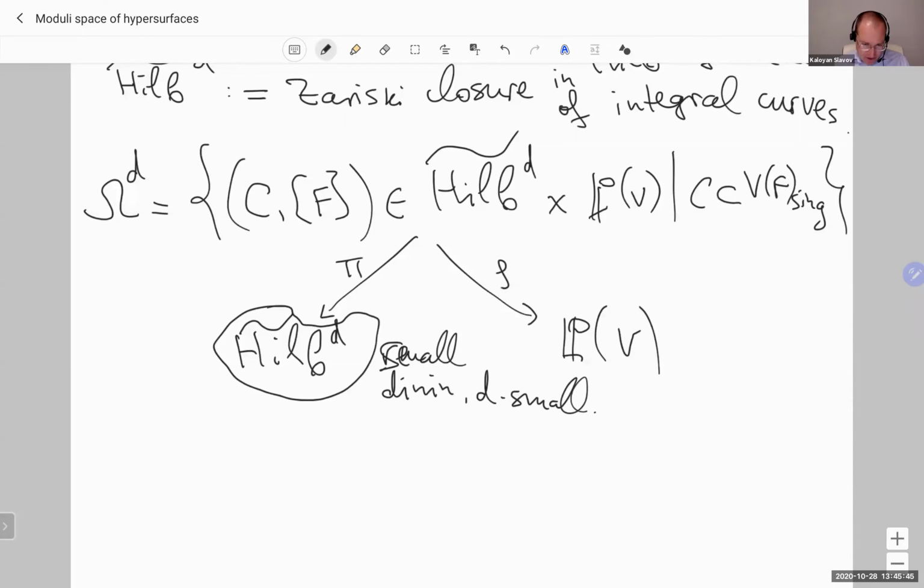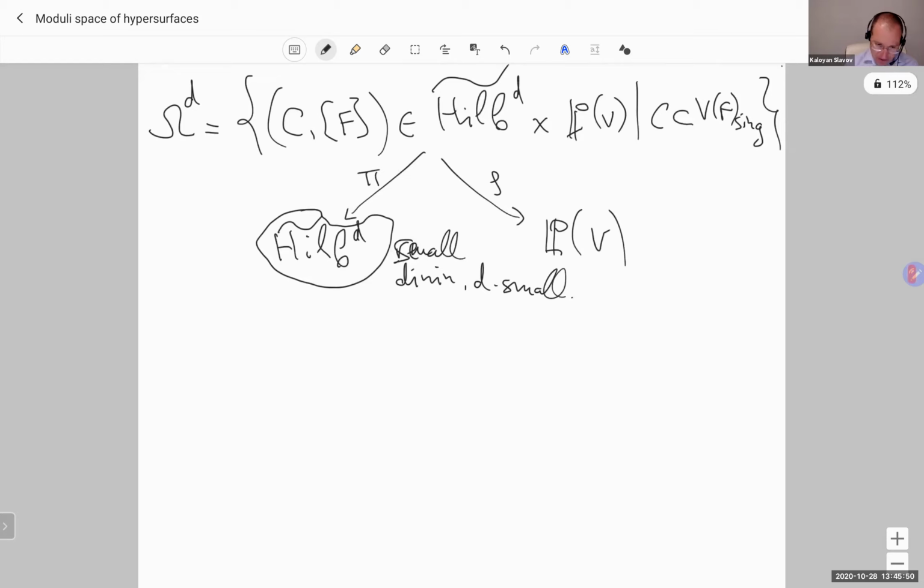Now, let me write down another thing that I mentioned. Why do we set this up? Our X, everything, so that all hypersurfaces whose singular locus contains some curve, is X1, those that contain a line, union rho of omega tilde 2.